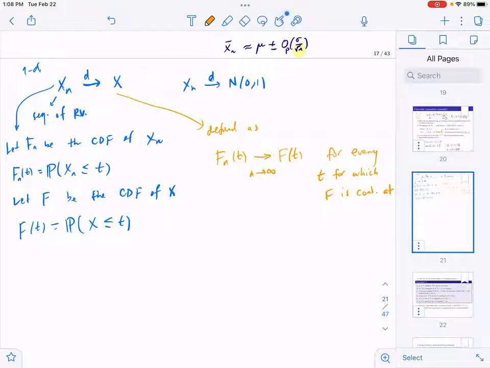But let's say I have more exotic objects and I want to define convergence in distribution. Is there another alternative definition that is more easily generalized? How else can I measure convergence in distribution?